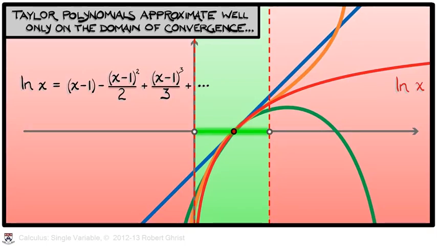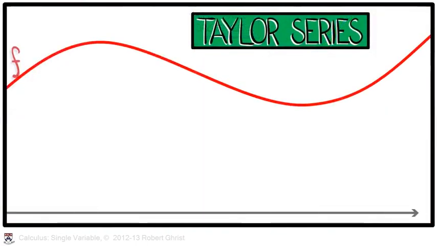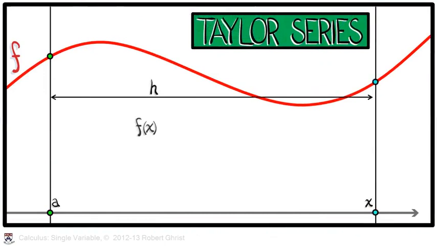Now, what do we do if we want to approximate log of x outside of this domain? Well, you need to do a Taylor expansion about a different point, someplace close to where you want to approximate. It's easy to get confused with all of the different notation associated with Taylor series, so let's review.